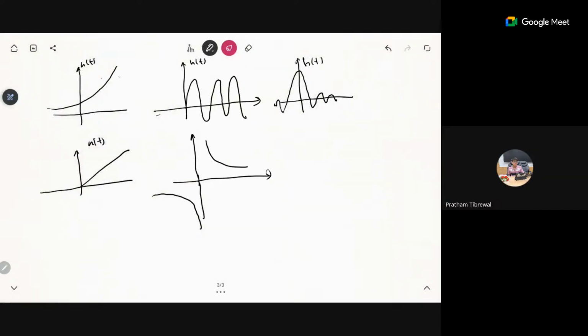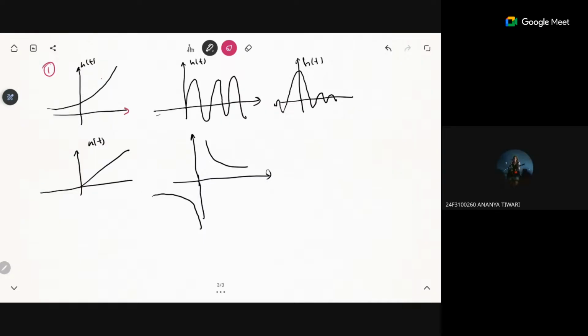Is the LTI system with this first impulse response causal or non-causal? The first one is causal.